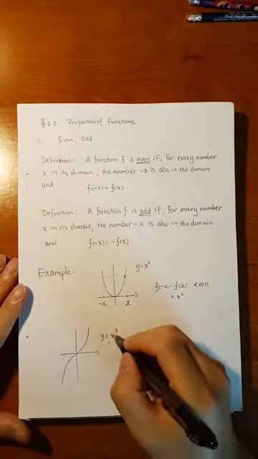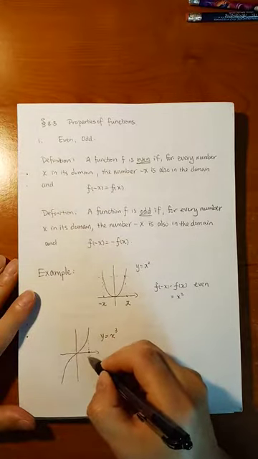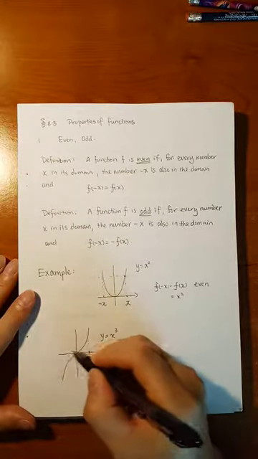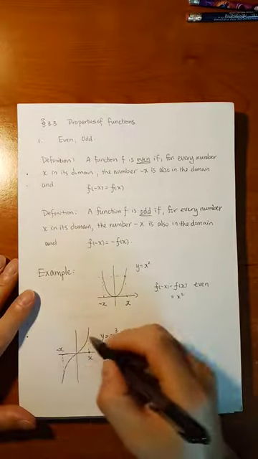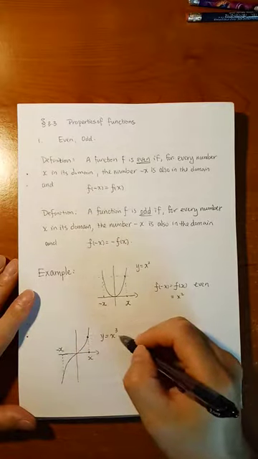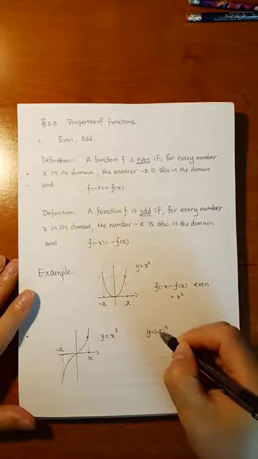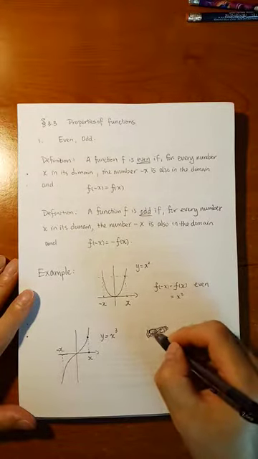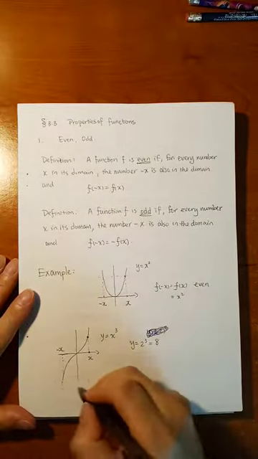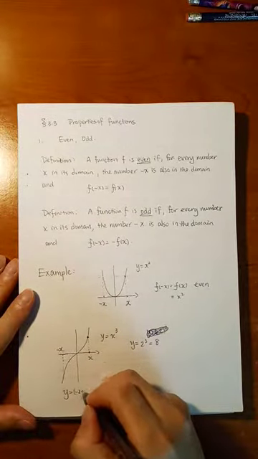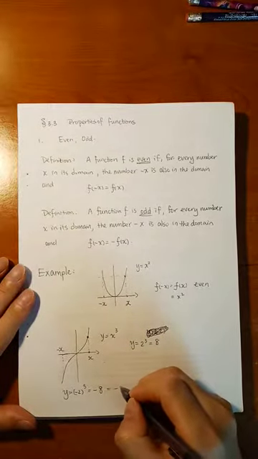If we have y equal to x cubed, let's examine it. If you have x here, then negative x is also in the domain, and here it is positive. So for example, f of 2 is 2 cubed, which is 8. And f of negative 2 is negative 2 cubed, which is negative 8.